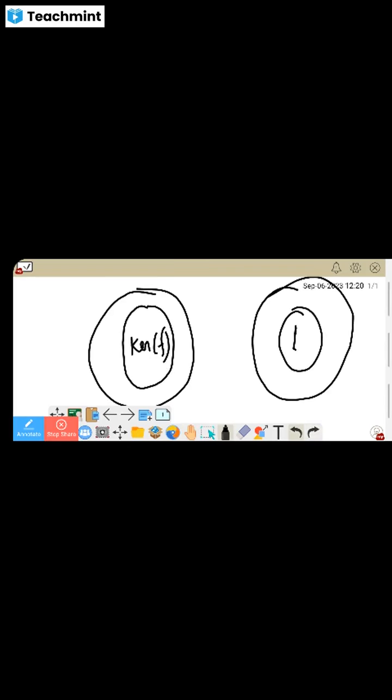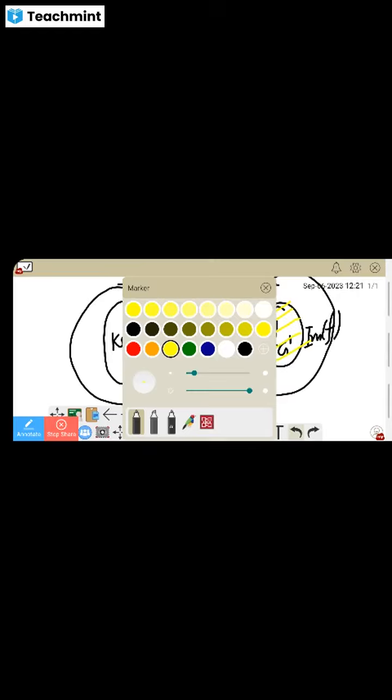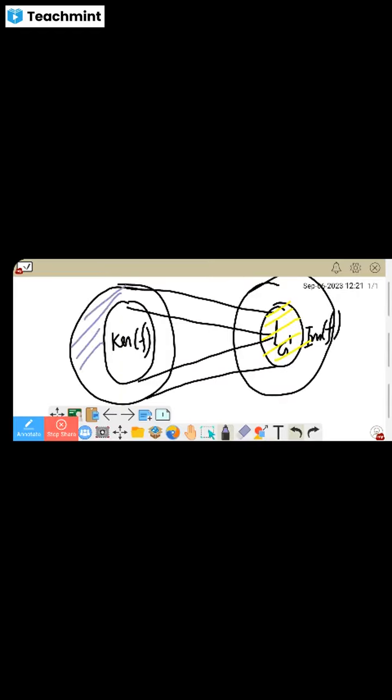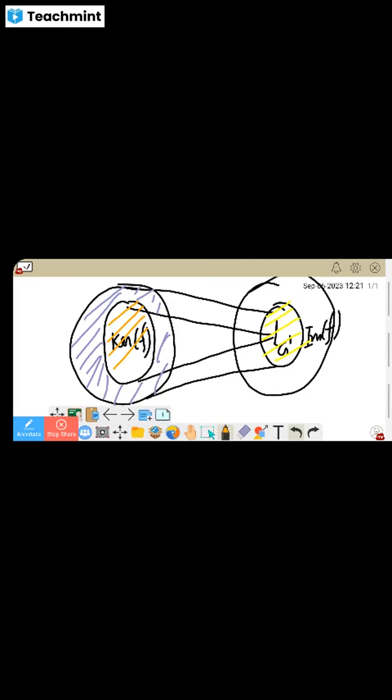So this is the identity of G dash, and all those elements which are associated with the identity element are in the kernel of F. All those elements of G dash which are associated with elements of G are said to be the image of F. I'm using different colors so that you can see these elements in the image of F, which are mapped with elements of G, and these elements are completely different, which are mapped with the identity element.